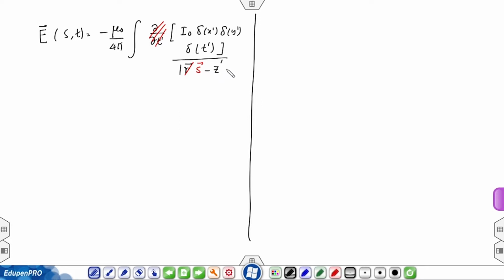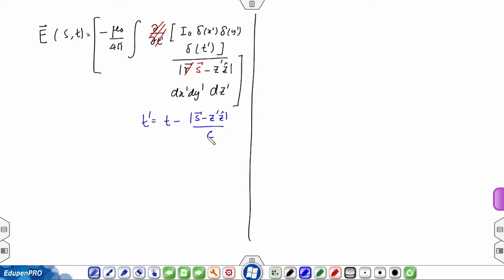So, z prime z dz prime dx prime dy prime, and this is calculated, let me write it explicitly, at t prime equals t minus modulus s minus z prime z over c, and therefore, this whole thing is minus mu naught over 4 pi, and I was missing the direction here, which I should write as z.